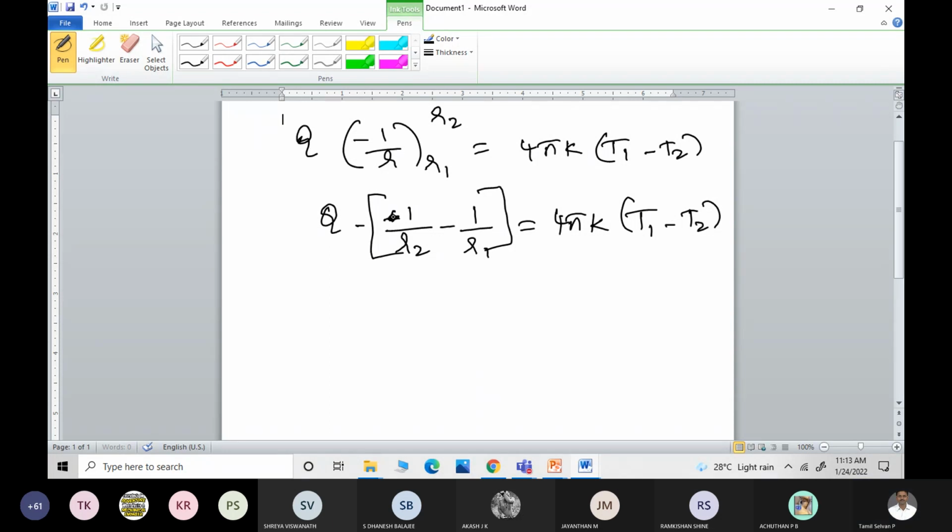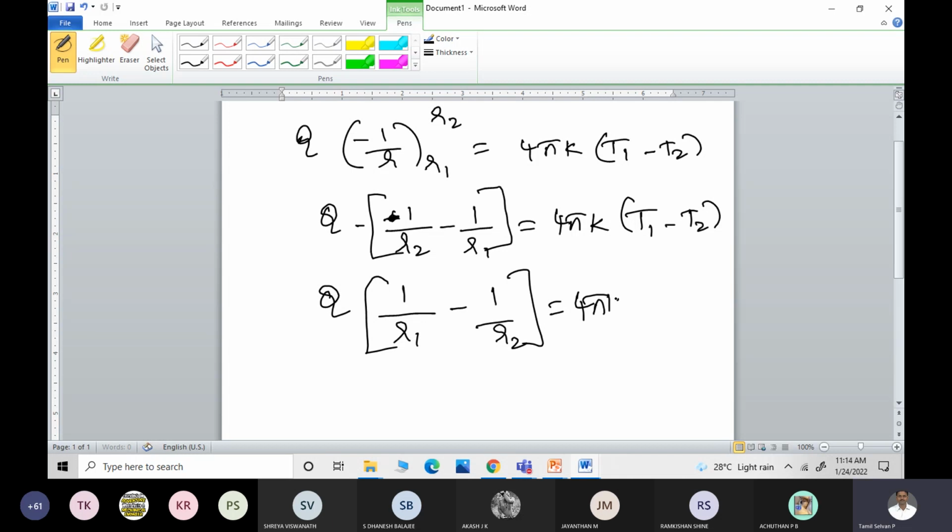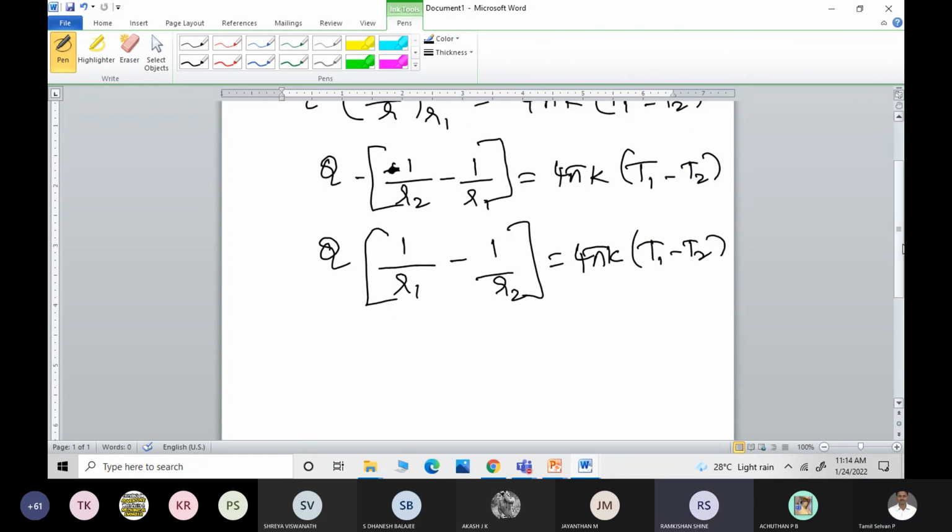So when you include this minus sign inside, it becomes Q into 1 by r1 minus 1 by r2, equals 4 pi k into T1 minus T2. Am I correct or not? Please inform me if I am wrong. Correct, sir.